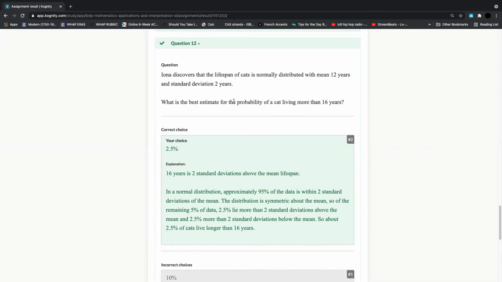So with normal distribution, we have to go to second bar, which is distribution, and then go down to number 2, which is NormalCdf. Click enter, and then your lower bound would be 16 because you want to know the probability of a cat living more than 16 years. And then the upper bound is 1e99 on your calculator, which is basically infinity.